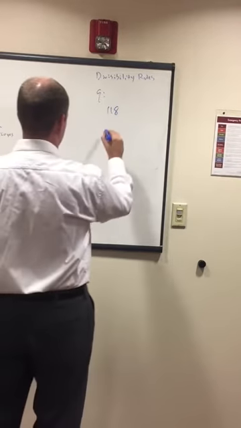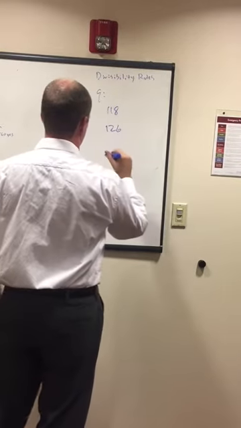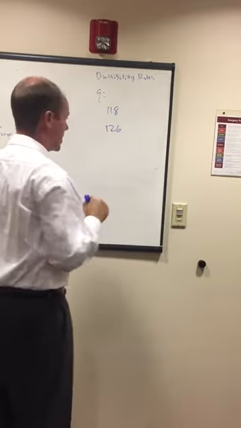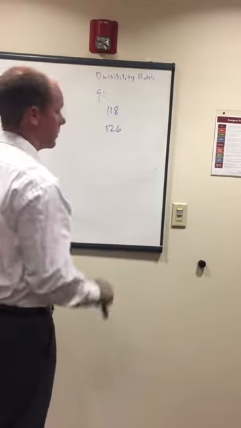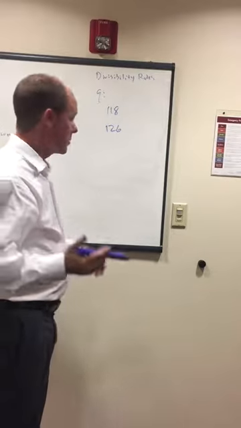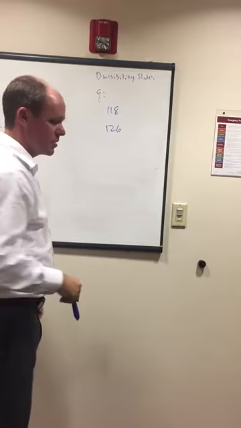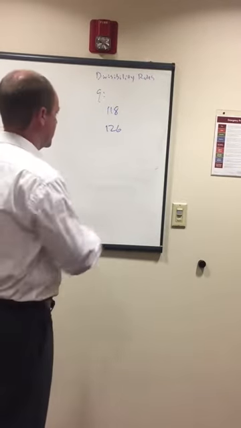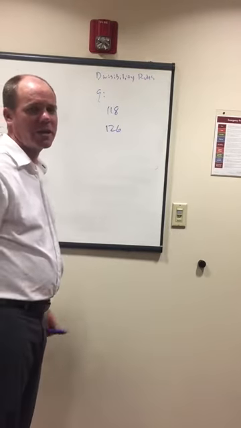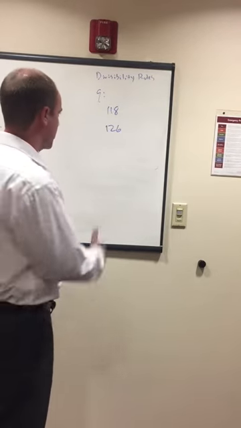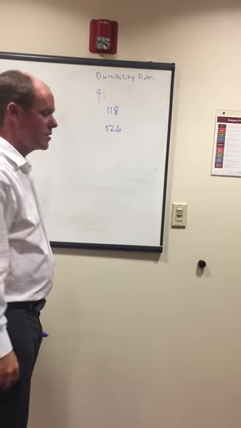That's no good. Let's look at a different one. 126: 1 plus 2 is 3, 3 plus 6 is 9. 9 divided by 9 is 1. So that one would work, right? And that's how we do it. We just add up all the digits. Doesn't matter if it's a big number or a small number. Add up all the digits, divide by 9. If it comes out as a whole number, it's divisible by 9. Otherwise, no.